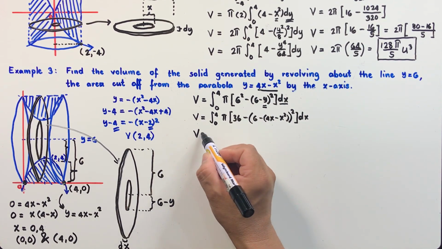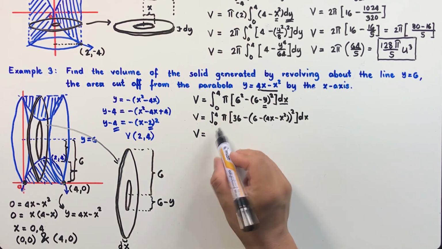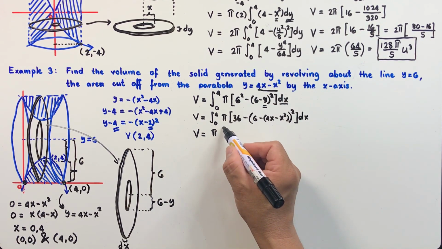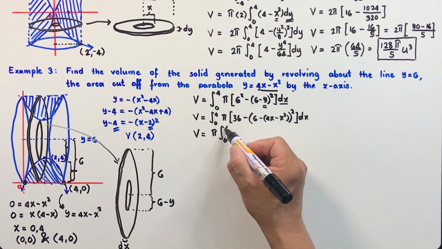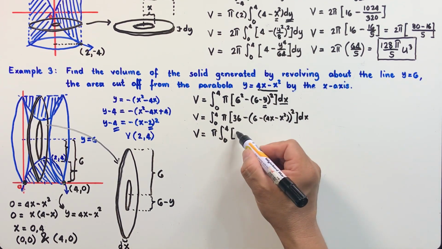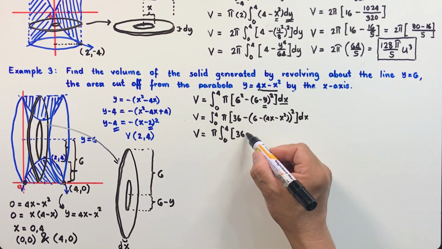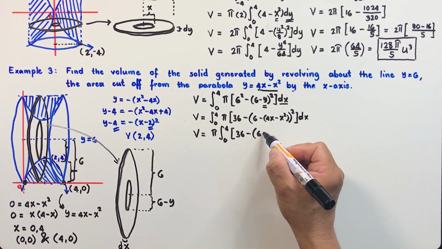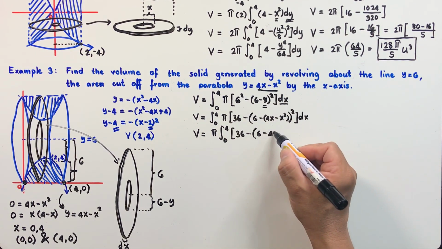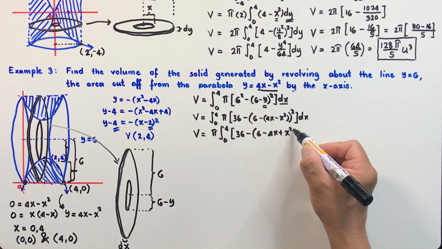And if you factor out this pi outside the integral symbol, we have pi times the integral from 0 to 4 of 36 minus 6 minus 4x plus x squared.